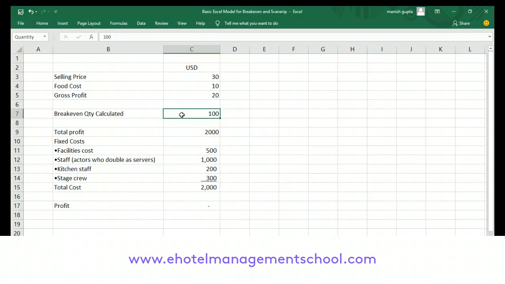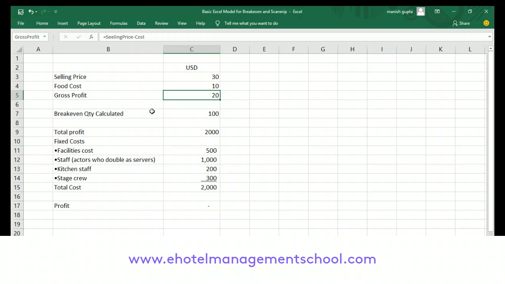Then the break-even point we have already calculated as 100, so we just put that into the picture. Our total contribution will become gross profit into break-even. You can name this cell as well. How you can name the cell: you click here and then put the name in the name box where C5 is written, say gross profit, and then press enter.